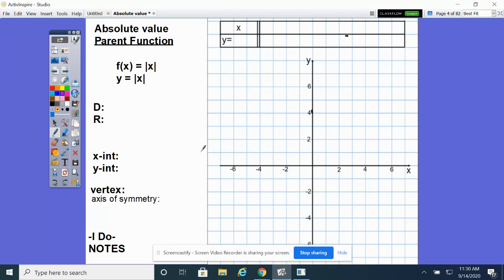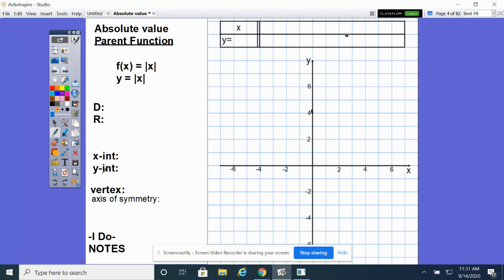This is talking about the absolute value parent function. So now we're looking at equations and functions. We're going to throw some letters in there. X is inside, so I'm assuming whatever comes out is going to be positive. We're going to look at that in the table here, draw a picture of it. After we look at the graph of this, we're going to look at some key attributes. We've done domain and range before.